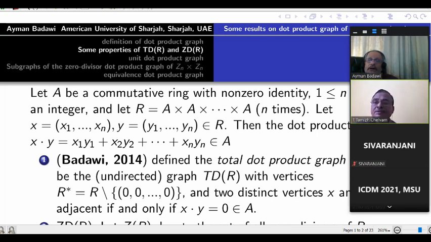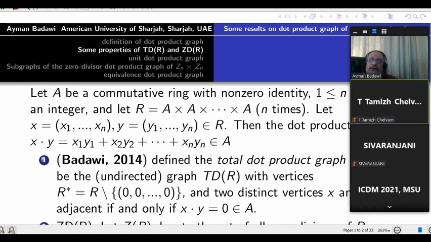Okay. So R will be a product of A, n times, and if you take two elements in R, X and Y, then the dot product X dot Y will be x1 y1 plus x2 y2, and so on, like the normal dot product we study in high school or in college.